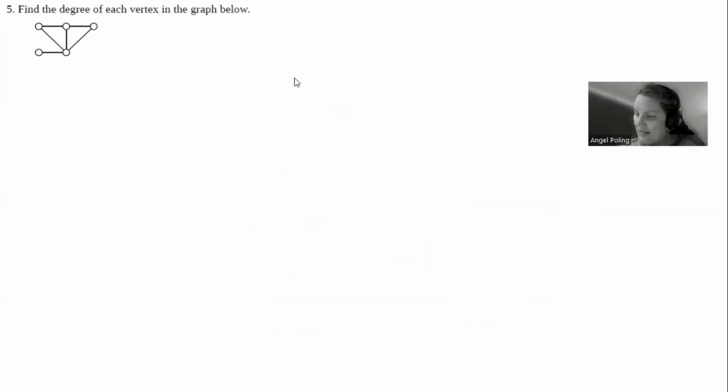All right, and number 5, we're asked to find the degree of each vertex in the graph below. So we're just counting the number of edges that are connected to that vertex. Let's double check that. 2, 1, 2, 3, 2, 1, 2, 3, 4, and a 1.